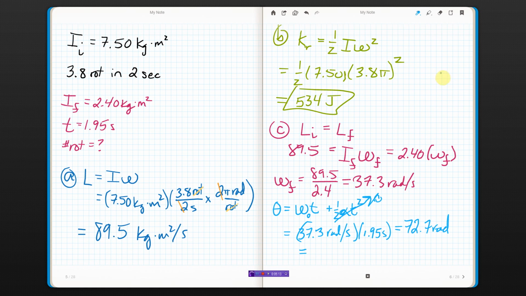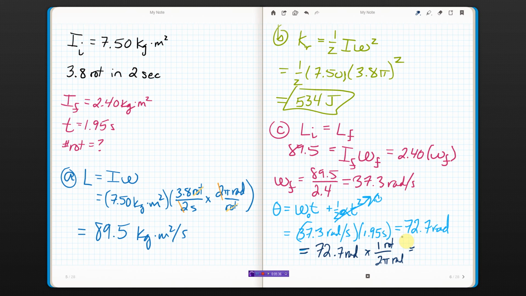Well, for 72.7 radians, there is one rotation per 2 pi radians. So all I have to do is divide by 2 pi, and that will get me my answer.